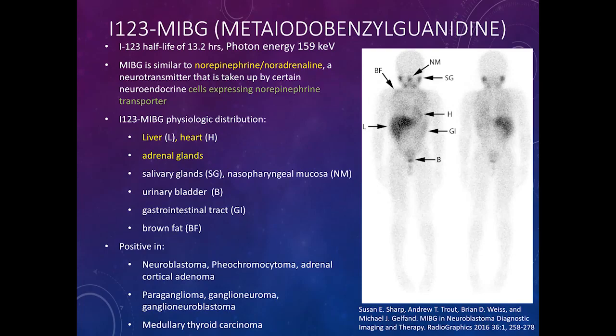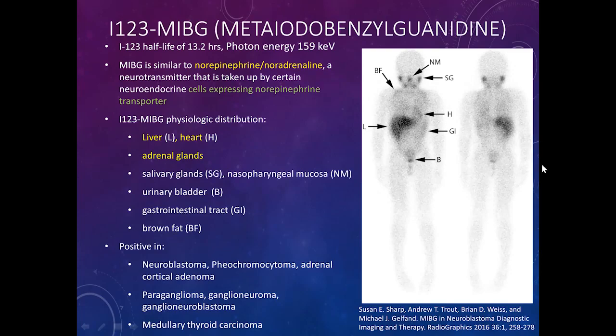So uptake in those tumors is not 100%, but if you see it, it's quite specific. You know that that's a tumor with overexpression of this norepinephrine transporter. However, many of these tumors do not overexpress norepinephrine transporter, and we'll talk later about what other options we have for imaging of these tumors.